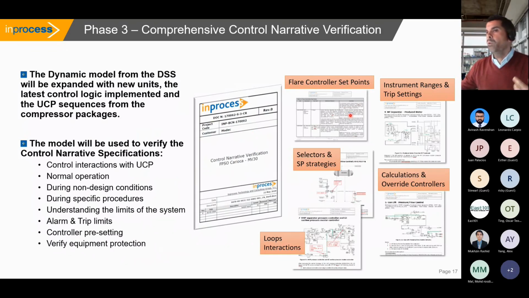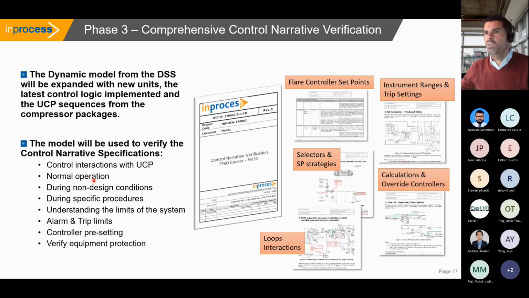So we are able to verify all the control narrative specifications in terms of control interactions with the unit control packages. That means how the control narrative behaves when we connect and link the different logics that we receive from the different packages that you are handling, right?